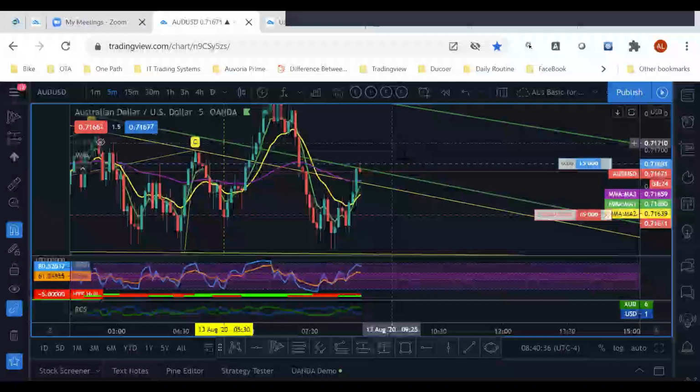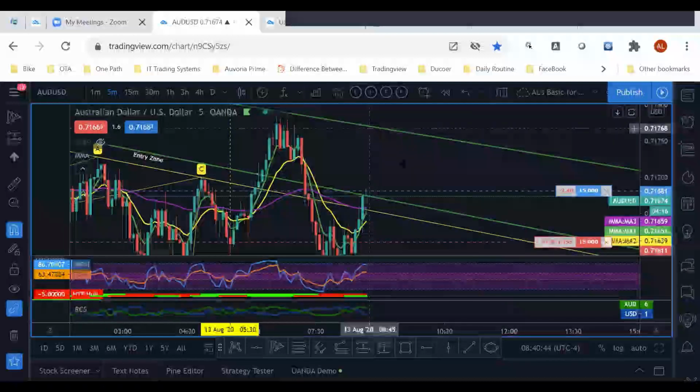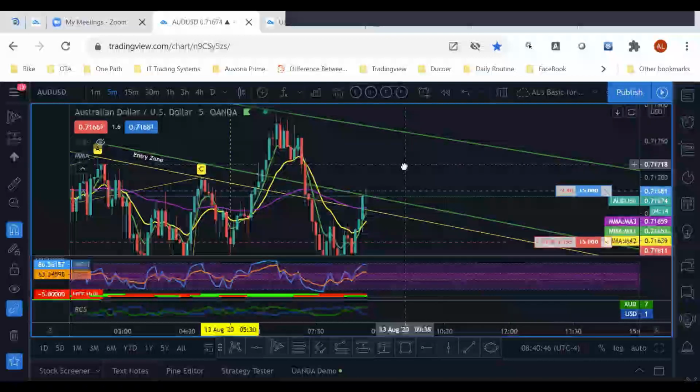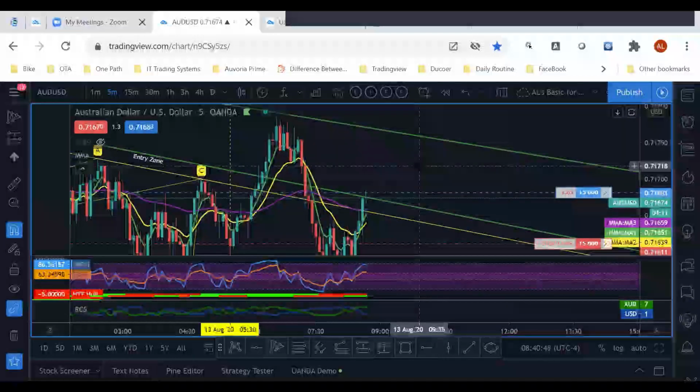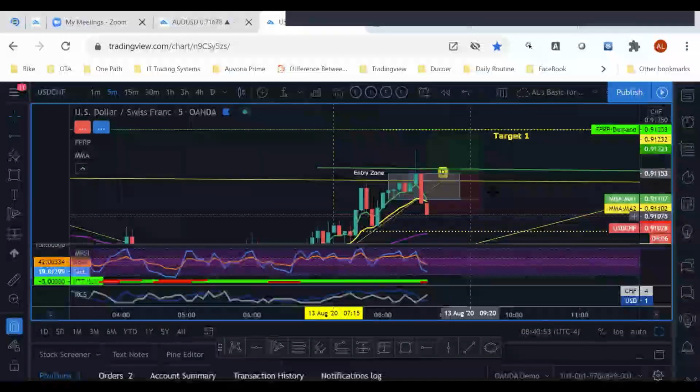And I'm going to move the stop down a little bit lower. Well, if this thing works, then it should take off and probably retest this area up here. How's our Swiss doing? Still hanging in there. Well, it's starting to come back into the wedge.